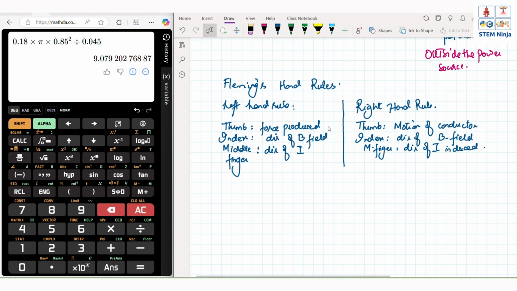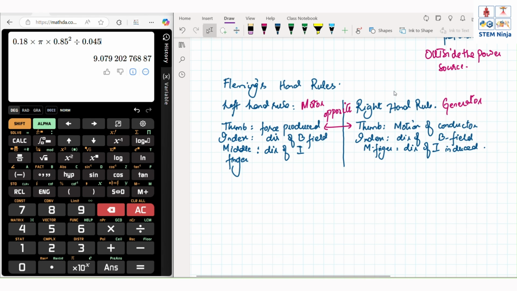Now notice one thing. These two are exact opposites. These two forces will be exact opposites. So this is the motor rule and this is the generator rule, basically.